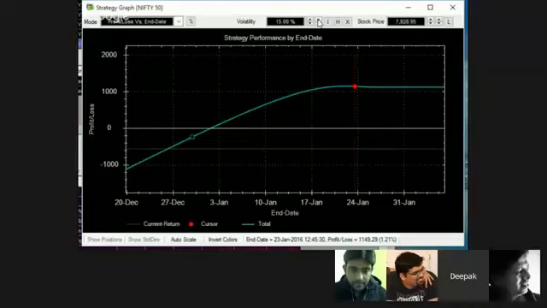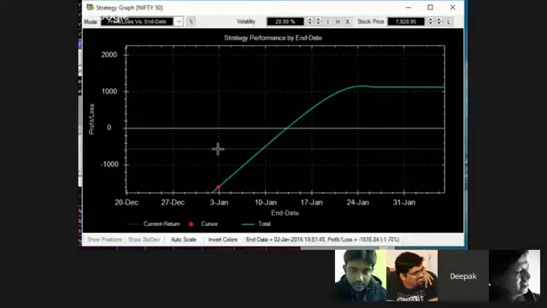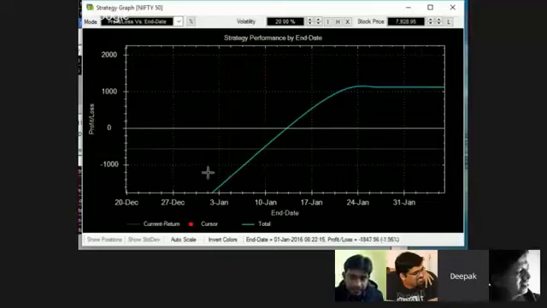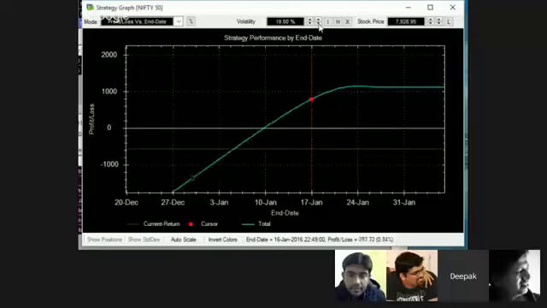If IVs were to rise, then the whole profit matrix changes. This is actually a plot of profit and loss versus the date which you check it out for, not volatility. For instance, if the Nifty is at 7,928 today, where we are right now, we should be at 14%.